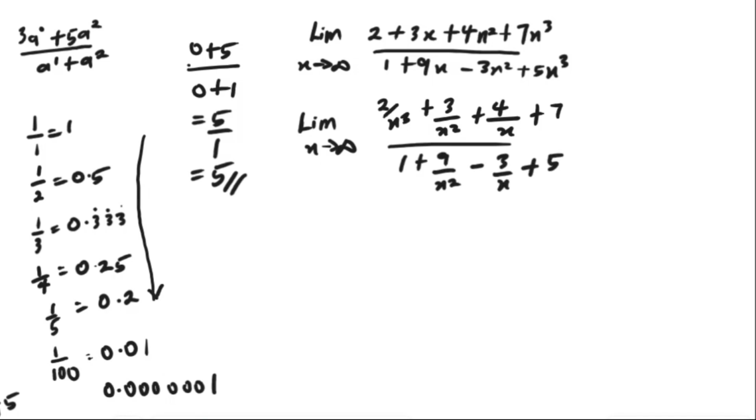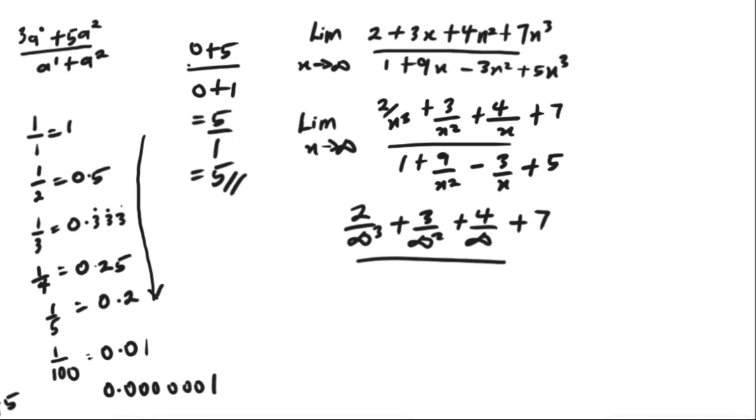So substituting infinity, this gives us 2 over infinity raised to the power 3 plus 3 over infinity raised to the power 2 plus 4 over infinity plus 7, divided by 1 over infinity raised to the power 3 plus 9 over infinity squared minus 3 over infinity plus 5.